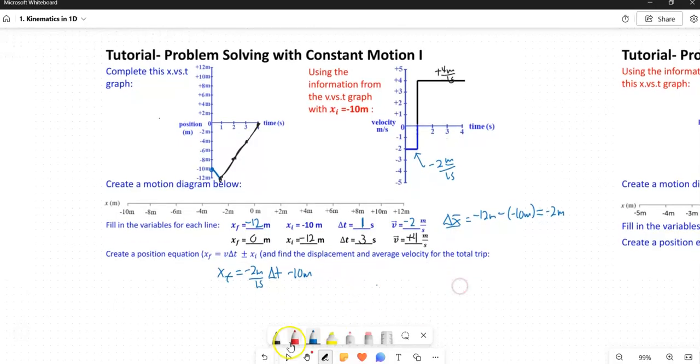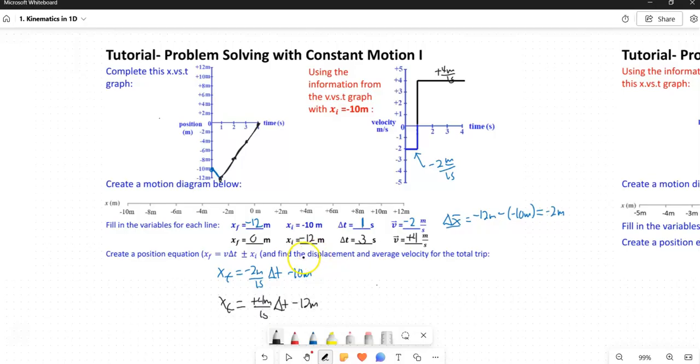And so for our other position equation, that's going to be x final, positive 4 meters displacement for every 1 second, delta t, and it starts off at negative 12 meters. Okay.